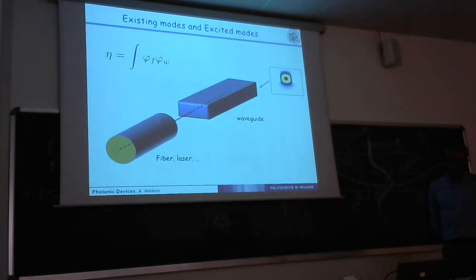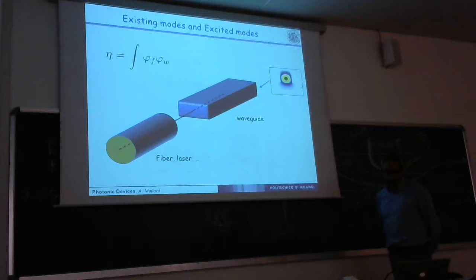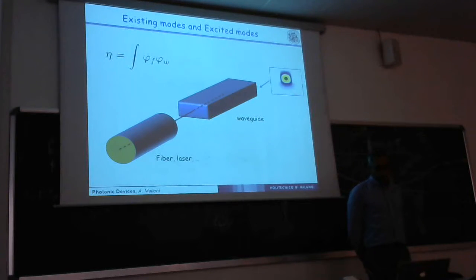This is a complicated problem, and we will dedicate probably a couple of hours on this, how to move from an external source of light to the waveguide. Assume that this is a single mode. If you align the two structures, you probably excite only the fundamental mode and this mode propagates in the waveguide.